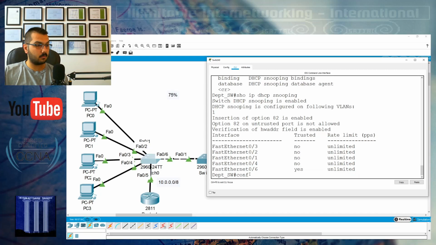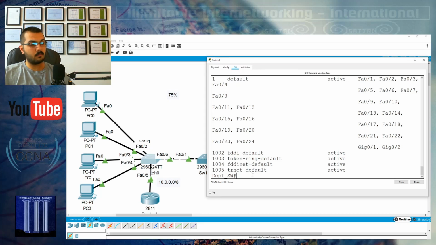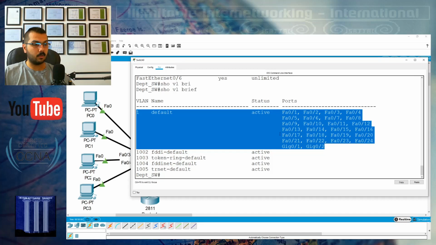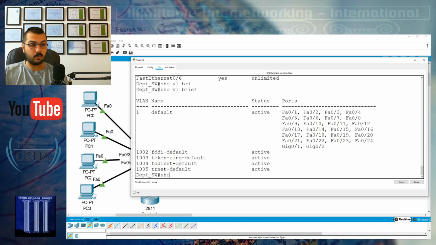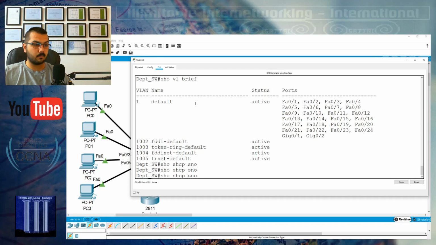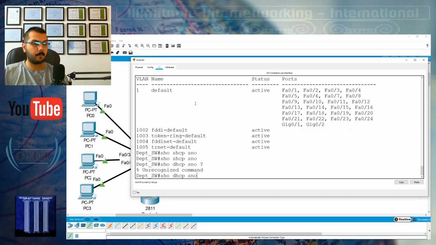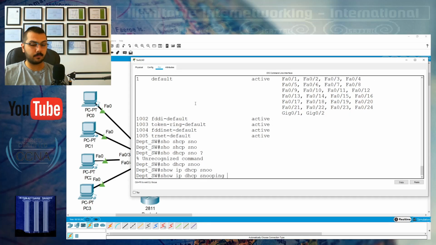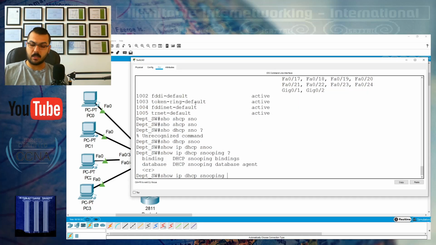Show VLAN brief. All of the guys are under VLAN 1 and the snooping is under VLAN 1. Show DHCP snooping. Show IP DHCP snooping binding.